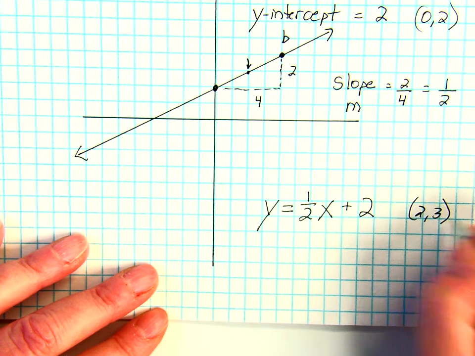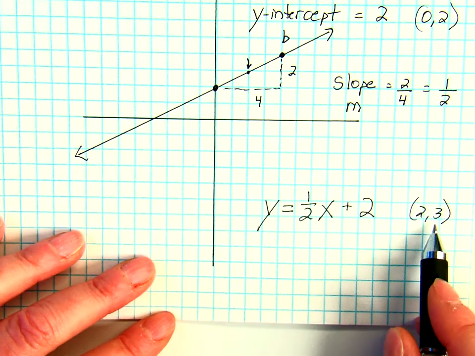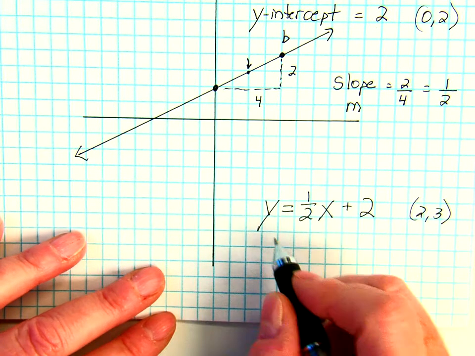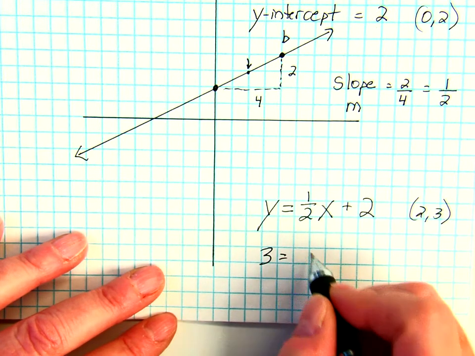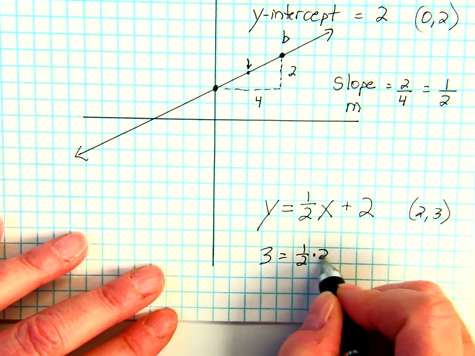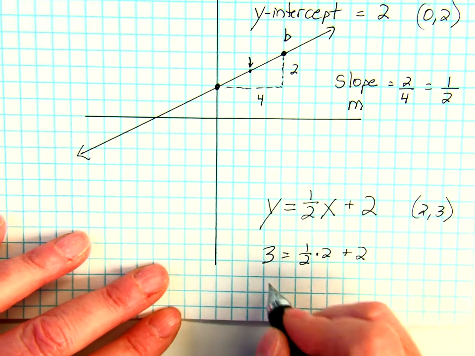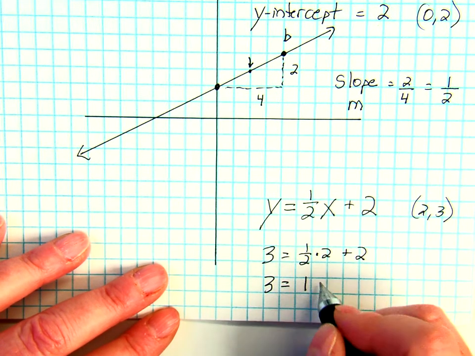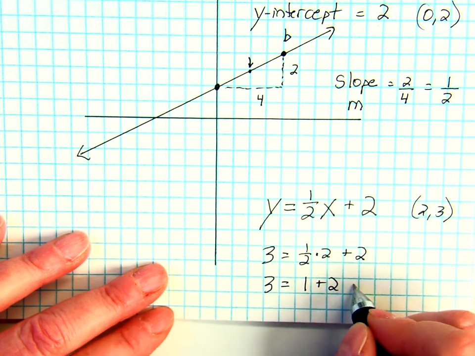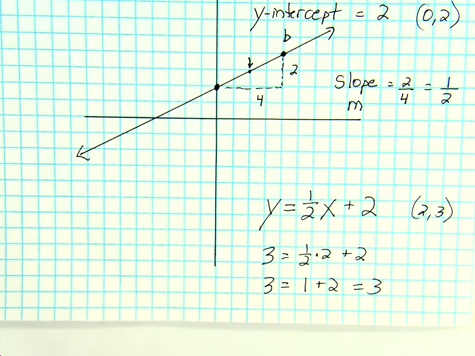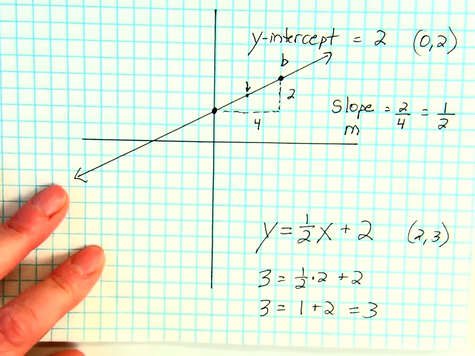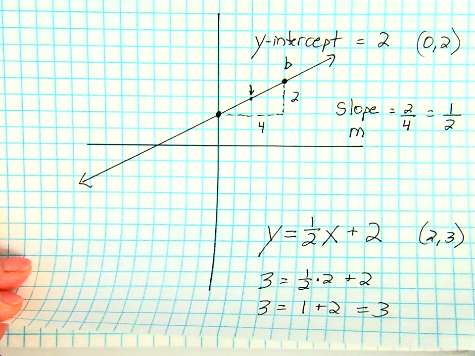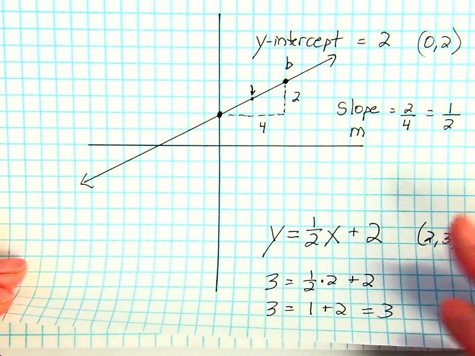So I'm going to put that into my equation and say 3 is equal to 1/2 times 2 plus 2. 3 is equal to, well, 1/2 of 2 is 1, plus 2, which of course equals 3. I've kind of got it going both ways. So hopefully that looks pretty good to you.